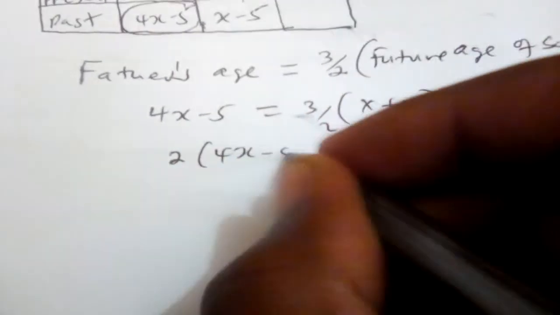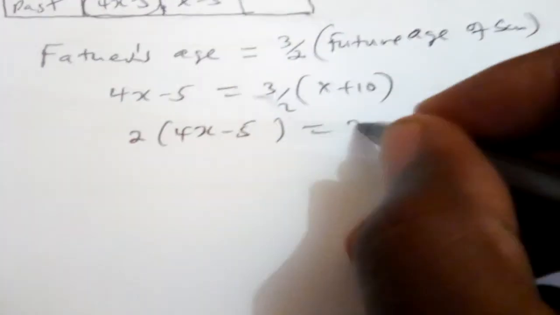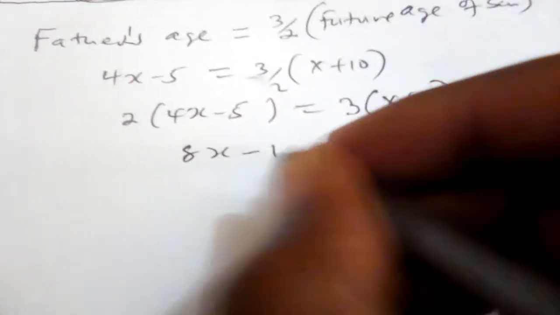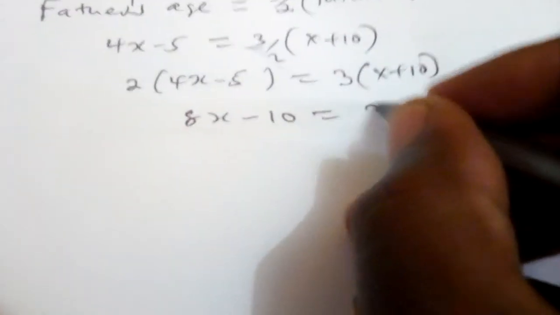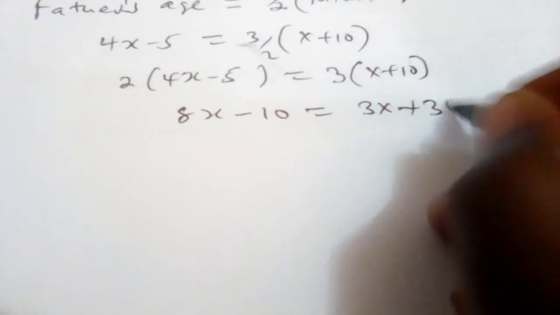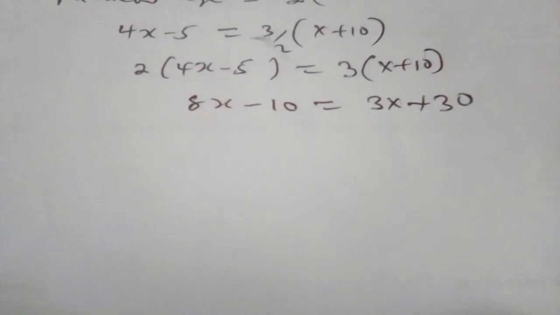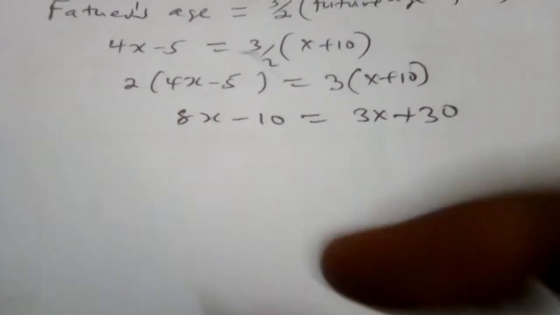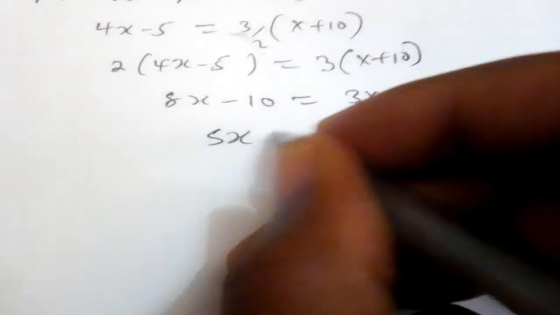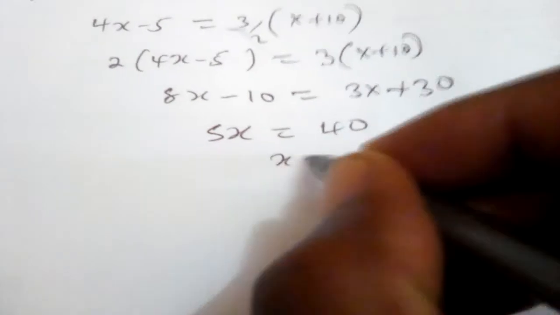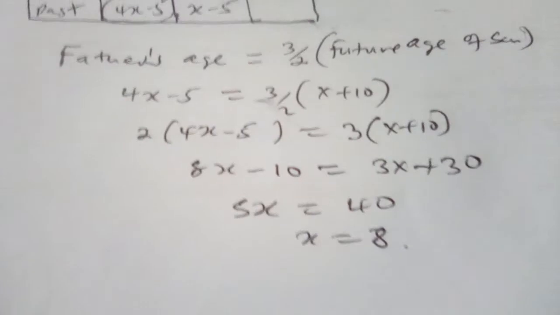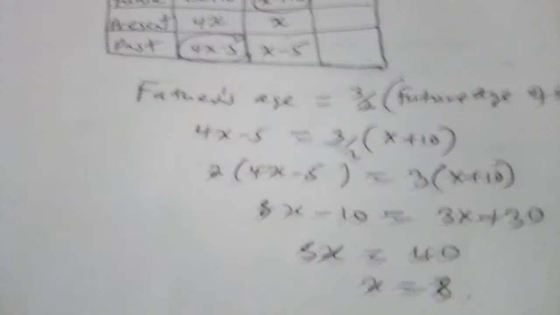That becomes a very simple linear equation. If you multiply both sides by 2, you get 2 times (4x minus 5) equals 3 times (x plus 10). So 8x minus 10 is equal to 3x plus 30. Subtracting 3x from both sides and adding 10 to both sides, you get 5x equals 40 and x is 8. Right, that seems like we are almost there.